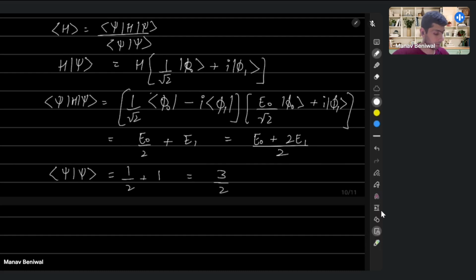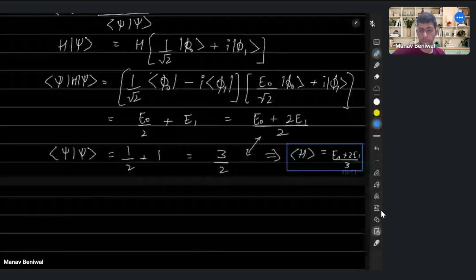And then when we divide using both these things, this 2 and 2 will cancel, so this will become E naught plus 2 E1 by 3. So option D.